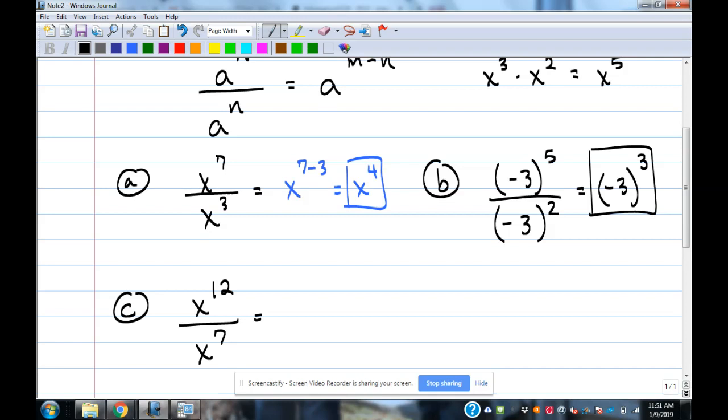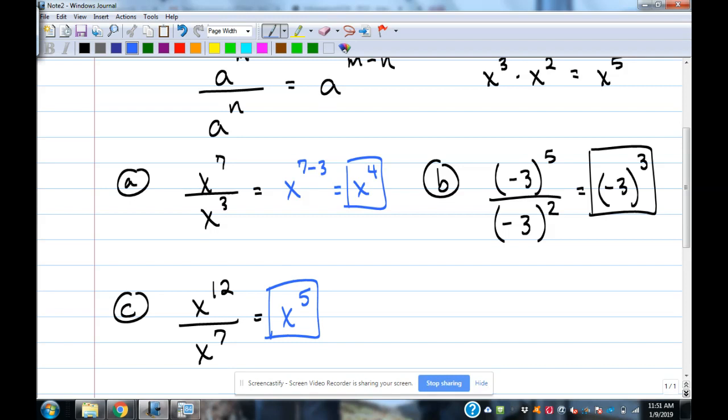Why can we do that? It's the opposite of adding, and we're dividing. And why can we use that for this problem? What makes it legal? The base is the same. Very good. The base has got to be the same for that to happen. So 12 minus 7 would be x to the 5.